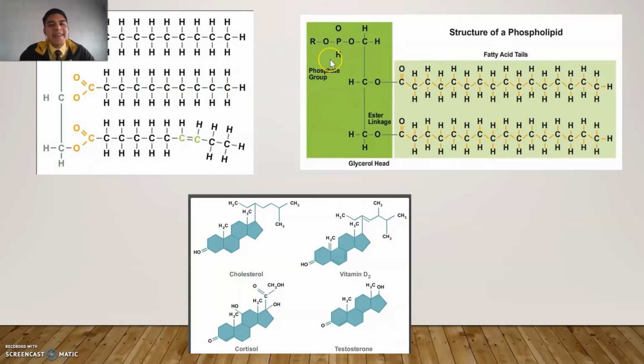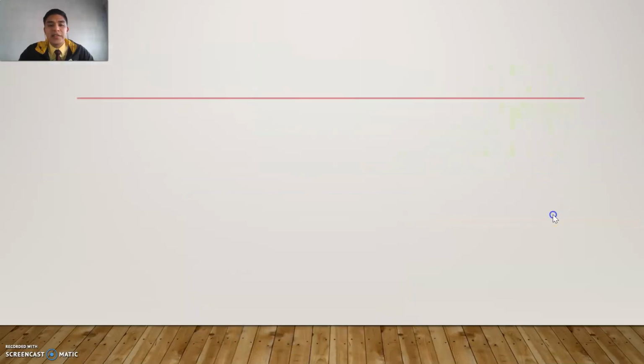But the first one is not a fatty acid, it is a phosphate group. And that's why they are different from one another. Lastly, we have some of the most common ones right here, which will be cholesterol, vitamin D, cortisol, and testosterone. All right, and they are bonding together in different ways as in the previous ones. All right, let's continue.